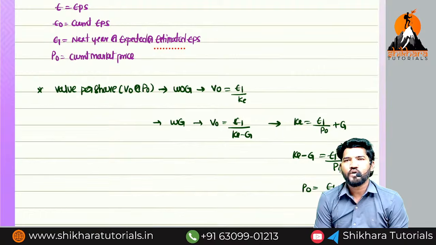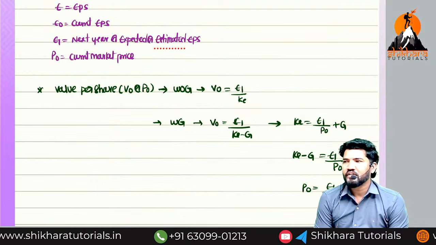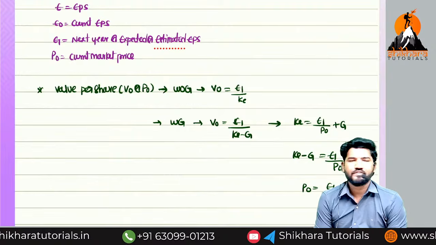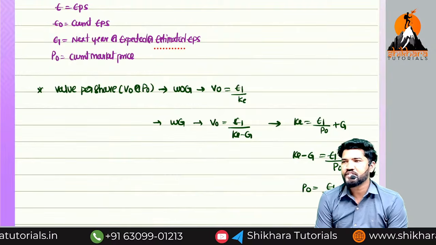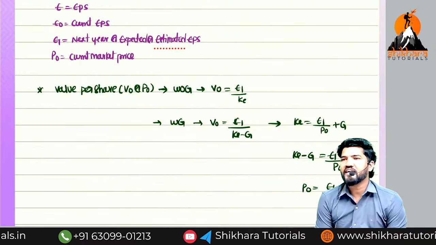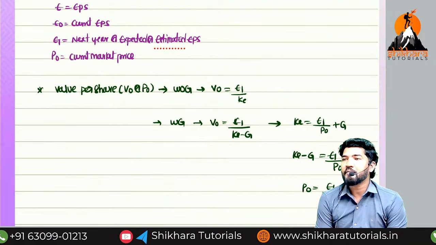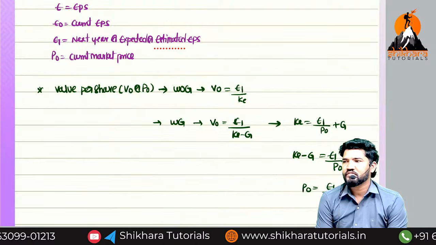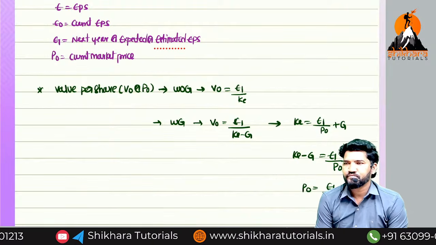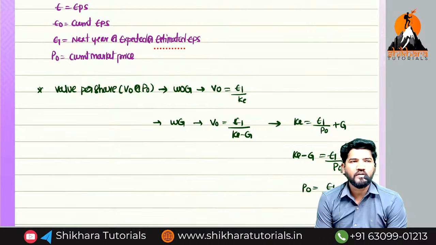Instead of EPS, what are we using? Dividend per share, DPS. How to calculate DPS? They will tell the payout ratio.